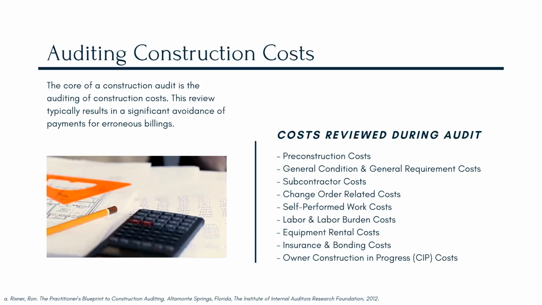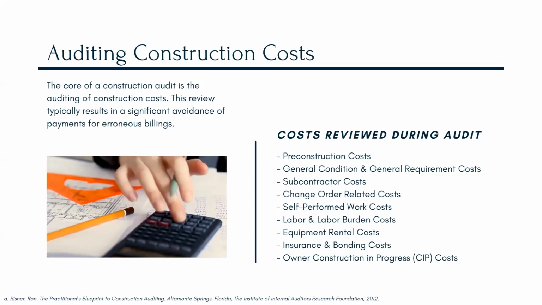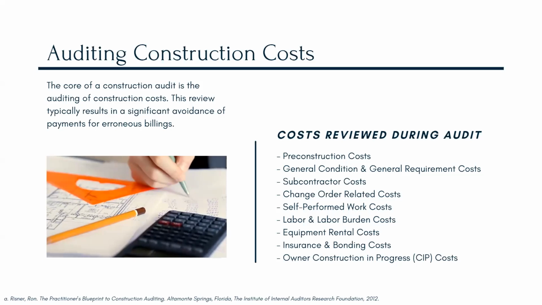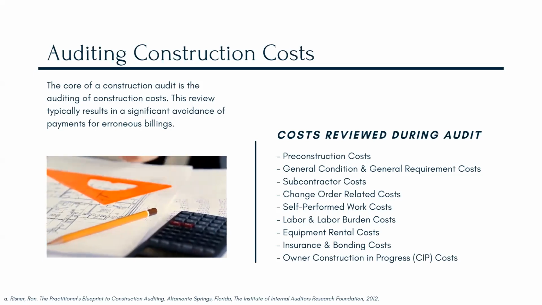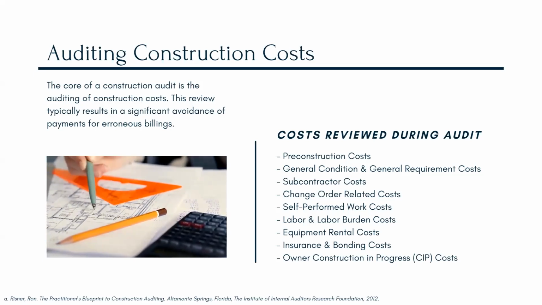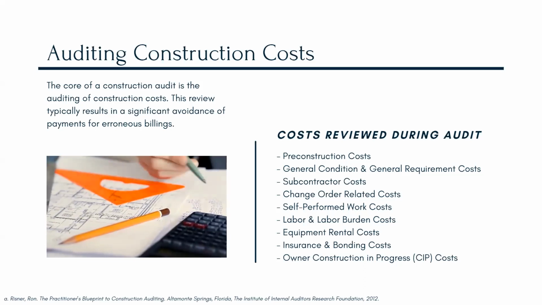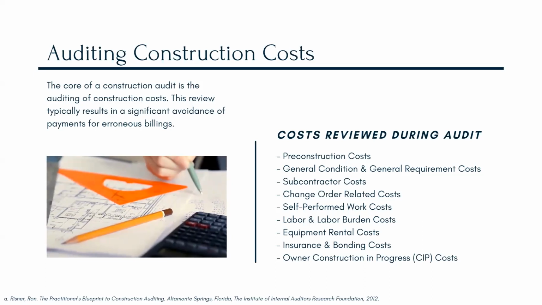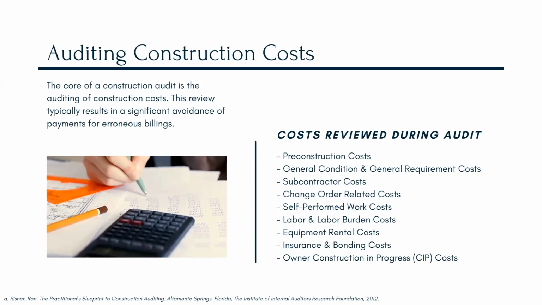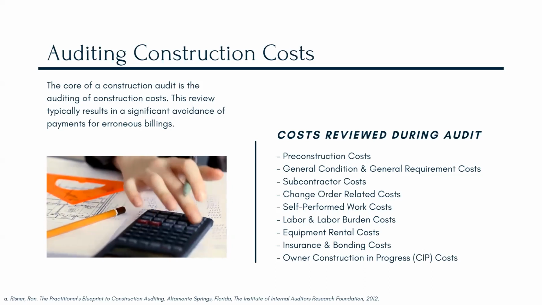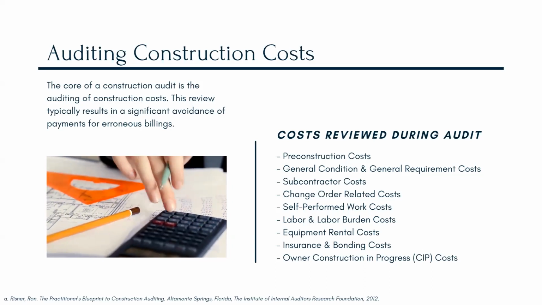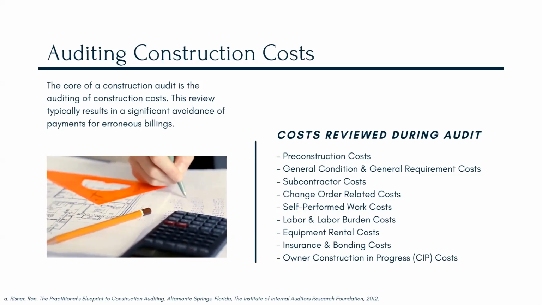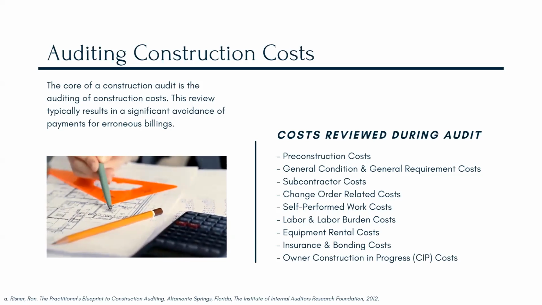The next type of costs in a common audit are subcontractor costs. With subcontractor costs, the purpose is, one, to review and verify the accuracy of those costs, and two, to verify the full value received from the subcontractor by the owner in the project.